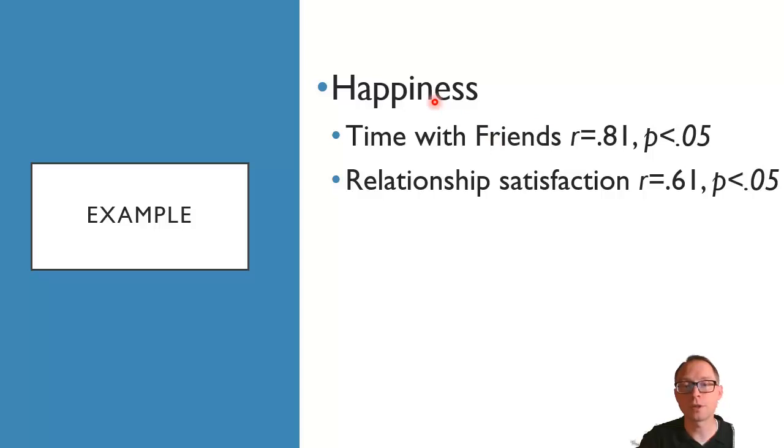It's how much they affect each other. Does that make sense? That's just the bivariate correlation. We can run a separate bivariate correlation of relationship satisfaction on happiness. So R equals 0.61, that would be the correlation of relationship satisfaction on happiness.